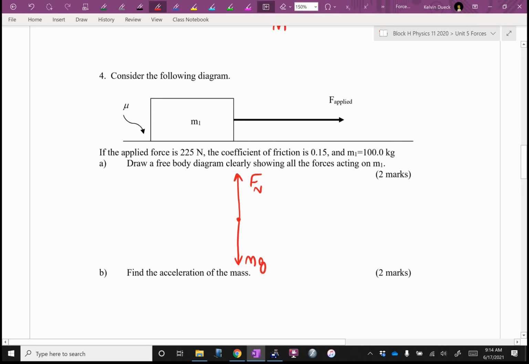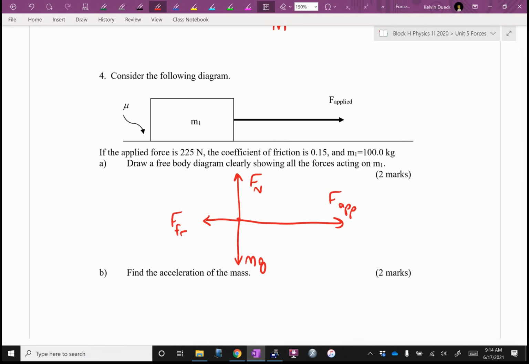What else? Bigger, smaller, or the same size as F applied? It is. How many arrows did I draw? How many marks is this worth?